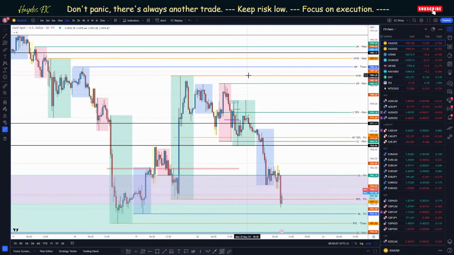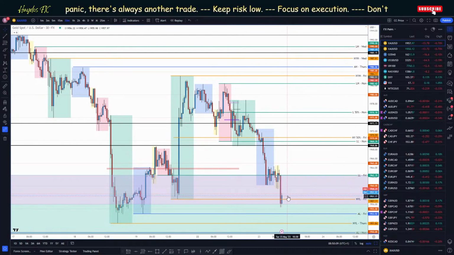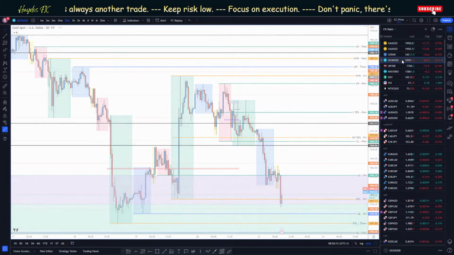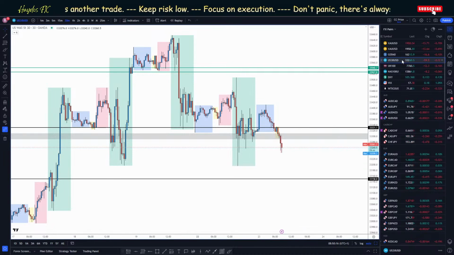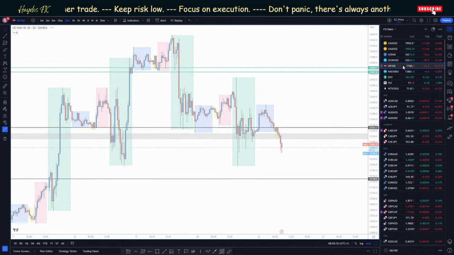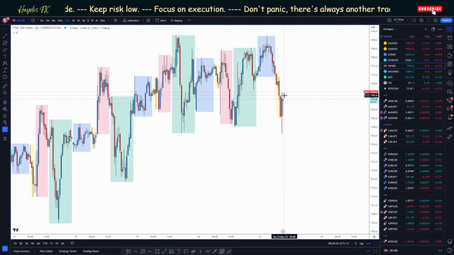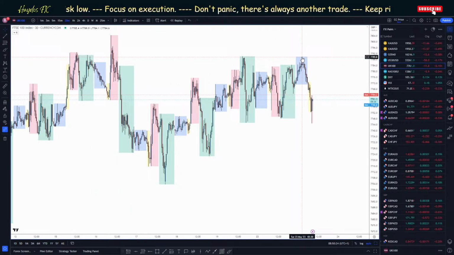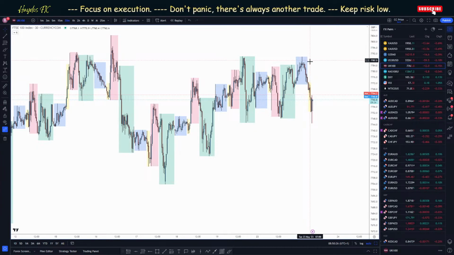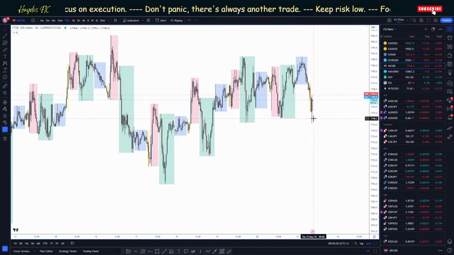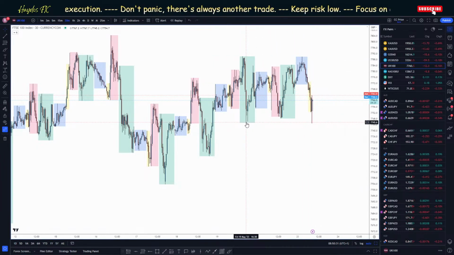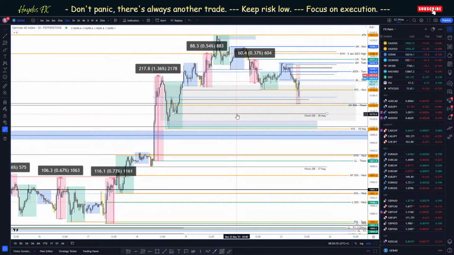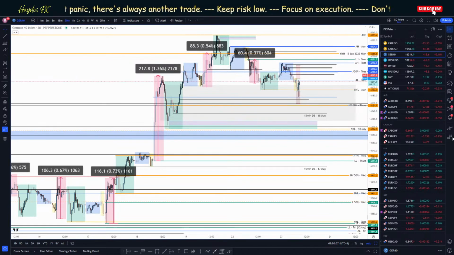Gold is having a breather still. US 30 is selling off. UK 100 is still in this range. It just broke the high a little bit, then took the New York low. All right, looking a bit better now.